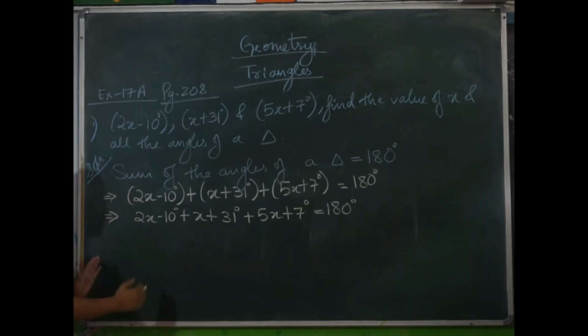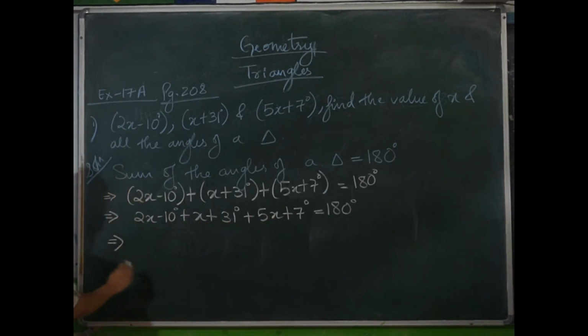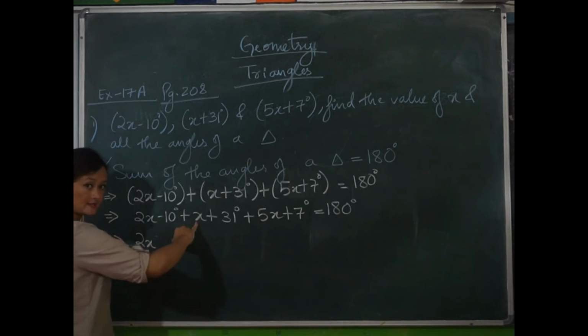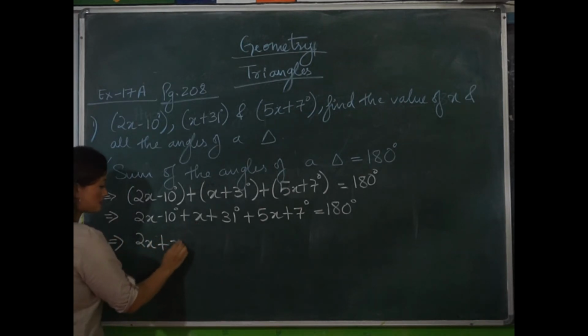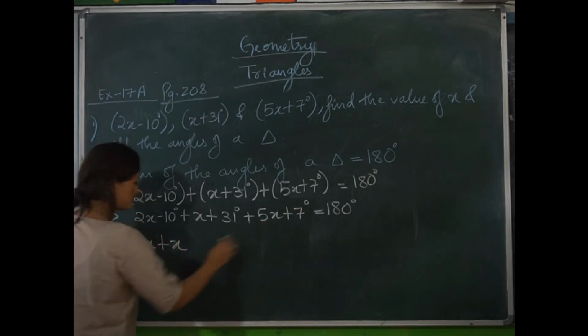Which are the like terms here? Like terms, as you know, in an algebraic expression are the terms which have the same variable with the same power. We don't focus on the constants, only on the variables. So we have 2x, next we have x, they have the same power, so x plus x, and then again we have 5x.